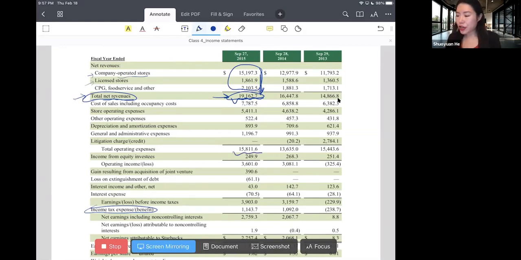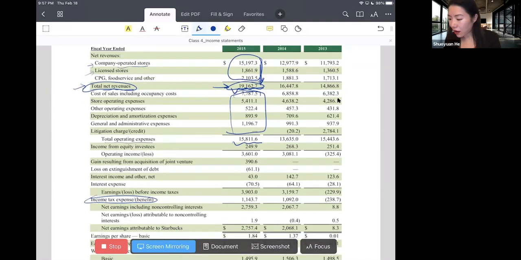This number is generated within the statement as well. It is the adding up of cost of sales, store operating expense, other operating expense, depreciation and amortization expense, general and administrative expense, litigation charge. If you sum those up, those are called total operating expense.